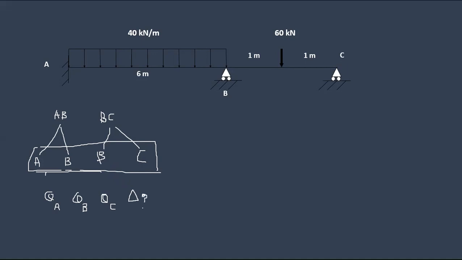Delta should be initially given, otherwise it will be another unknown, right?